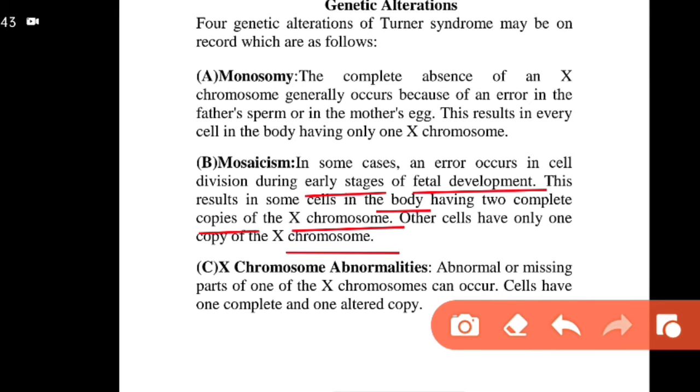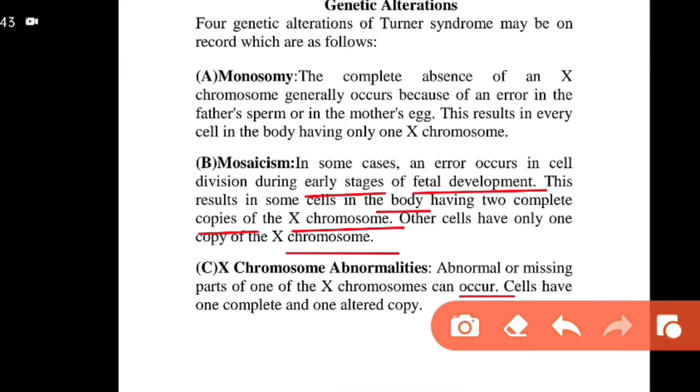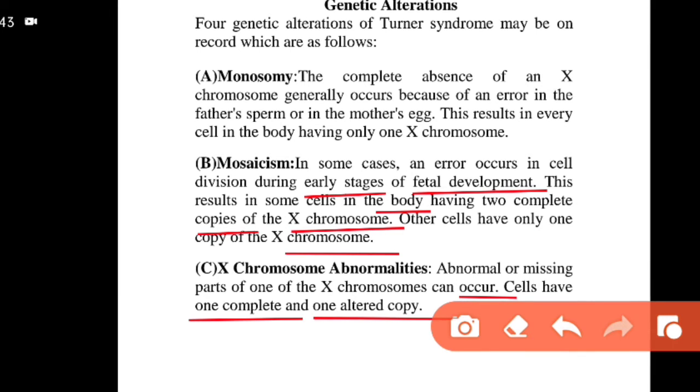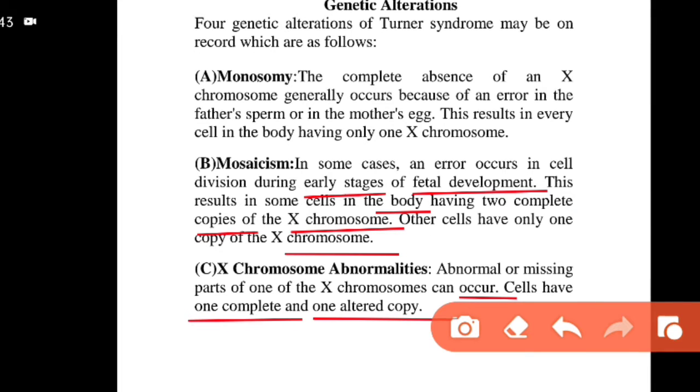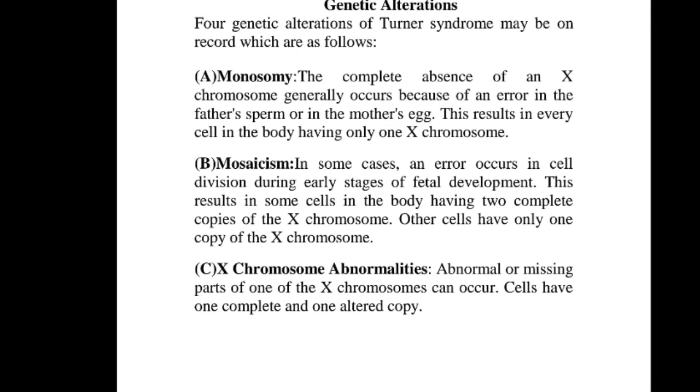And third is X chromosome abnormalities. Abnormal or missing parts of one of the X chromosomes can occur in this syndrome. Cells have one complete and one altered copy.